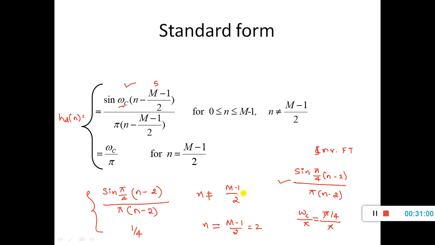That is for n equal to 2, and the sine expression applies for n not equal to 2. If you remember this, that is sufficient, but you need to remember it very properly. You should not commit any mistake here. Every format of obtaining hd of n will be in this format.